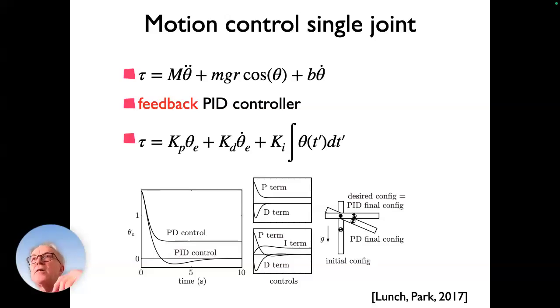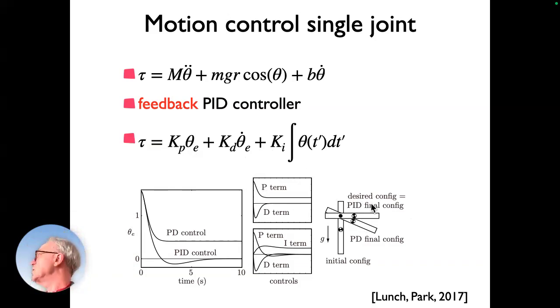If there is a constant gravitational force, they don't counteract that force. Only once the force has induced an error will they correct it. So if you only use these two terms, it will never really rest up here. It will have some position like that, because there will be an error, and that error makes a torque that compensates for gravity. And that's not really desired.